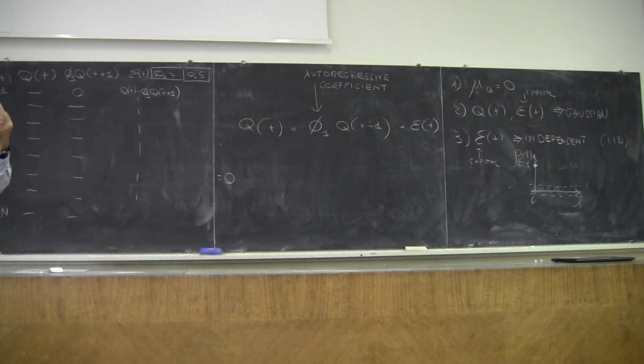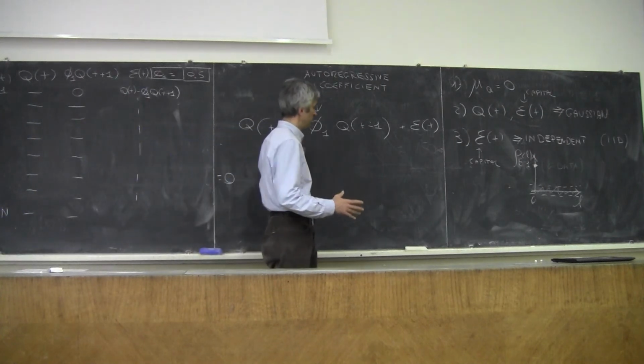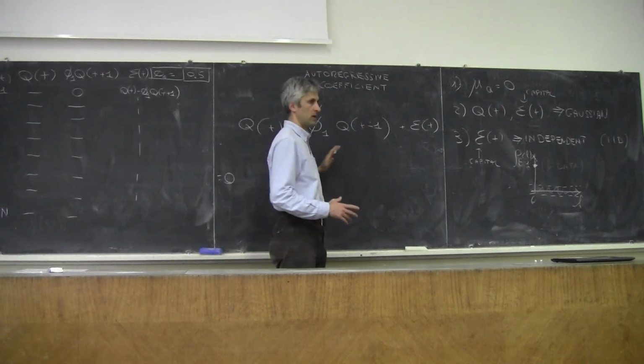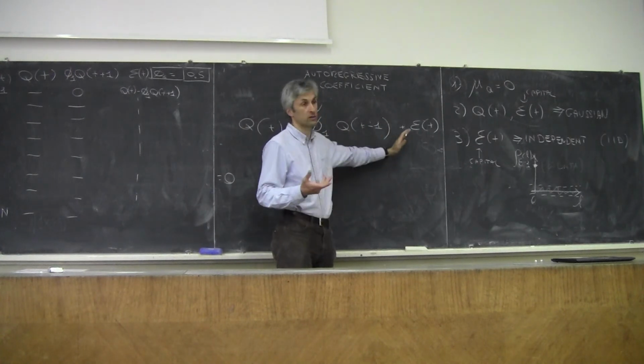So how can I judge if the trial value is correct? First of all, this is a model where I have a relationship here, which is deterministic, plus an error.